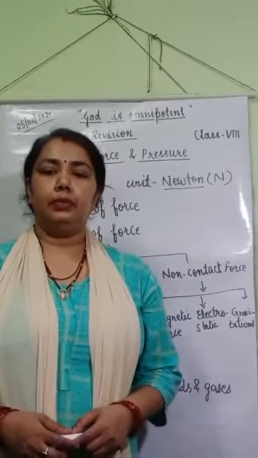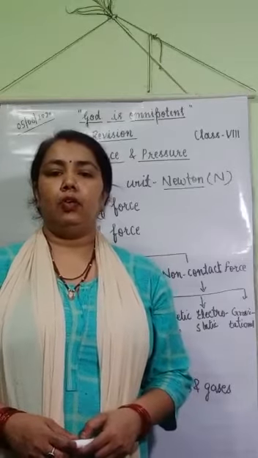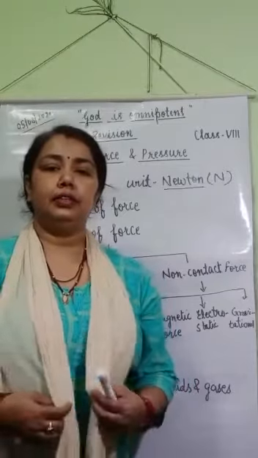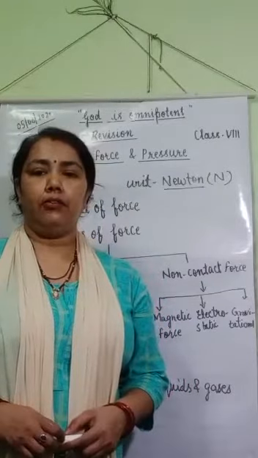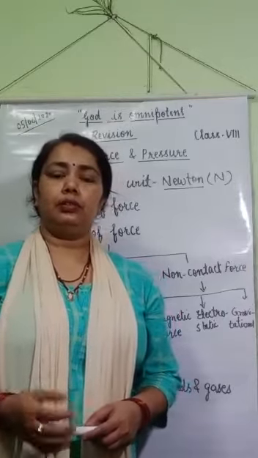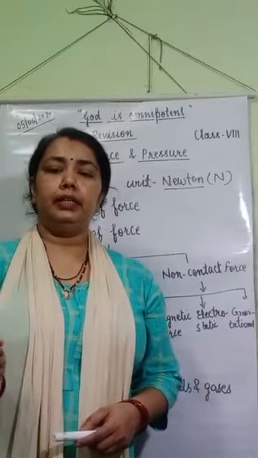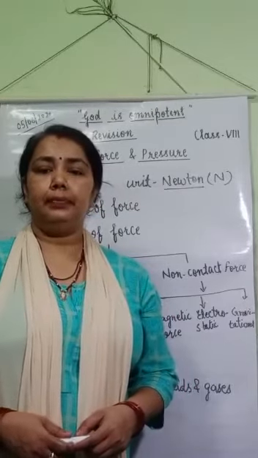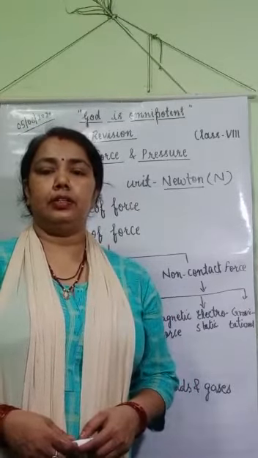So force can produce motion in an object. Second, force can change the direction of an object. When a ball is thrown towards the batsman and he hits the ball, its direction changes. So force helps in changing the direction of an object.